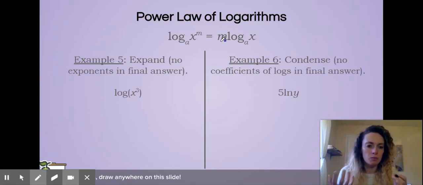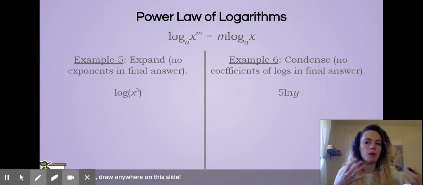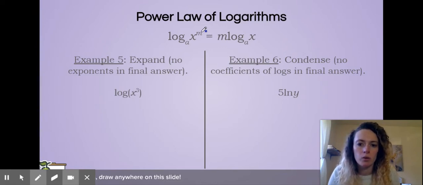So in logarithms, they're unique that your exponent can move to the coefficient, or the coefficient can move to become the exponent. And it depends on which direction you're going in. When you're moving the exponent to the coefficient, so if I'm going this way, I'm expanding. Or if I move my coefficient to become the exponent, I'm condensing.